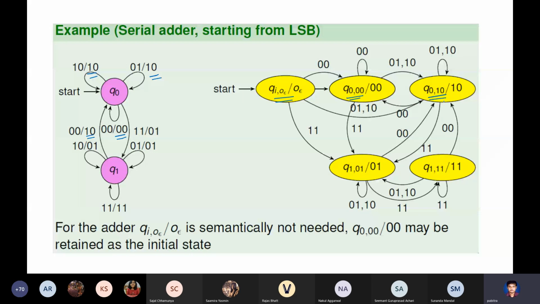Similarly, symmetrically, if you look at Q1, there are two outputs possible. One is 0, 1 and the other is 1, 1. So Q1 also I split into two states: Q1, 0, 1 and Q1, 1, 1.